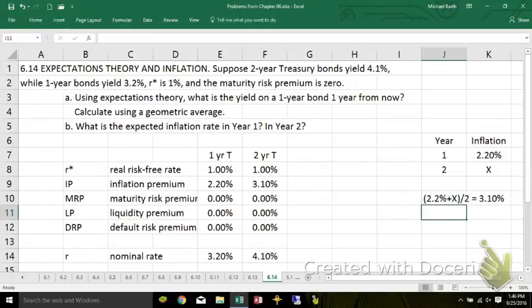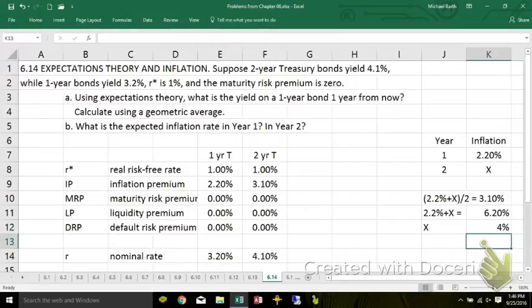Using the magic of algebra, if I multiply both sides by 2, I'll get 2.2% plus X on the left side is equal to 6.2% on the right side. And then subtract 2.2 from both sides, X is equal to 4%.